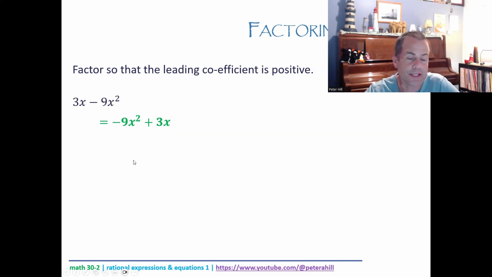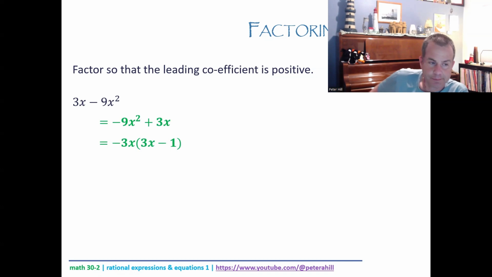So altogether, let's take out a -3x. That would leave me with -9x squared divided by -3x is 3x. And then careful, 3x divided by 3x will give me 1. -1, sorry, I was dividing by -3x. So a positive divided by a negative would give me a negative.